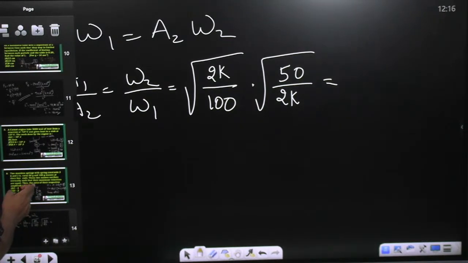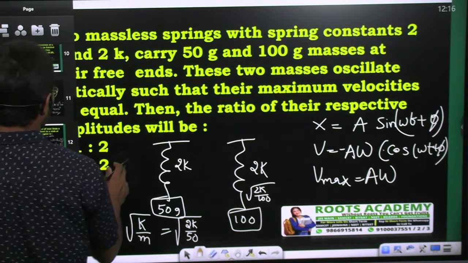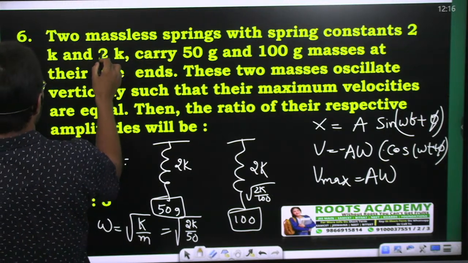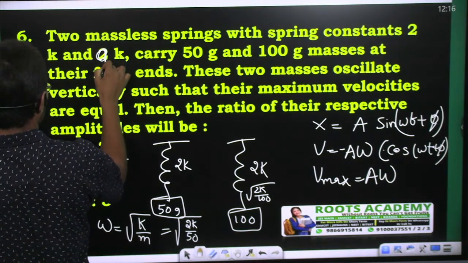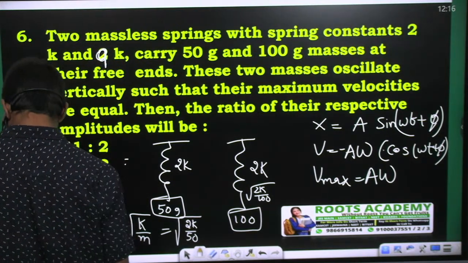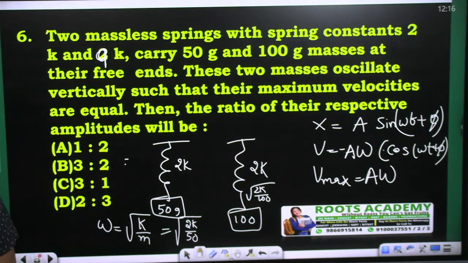It is 2K and 9K. That is the reason we are getting it wrong. 2 and 9, okay.